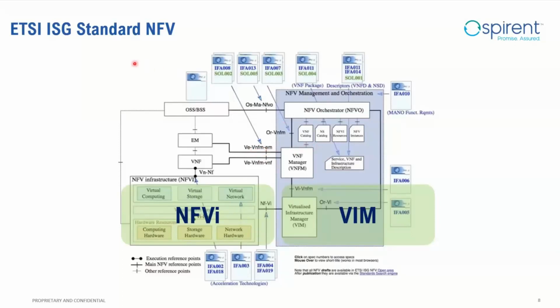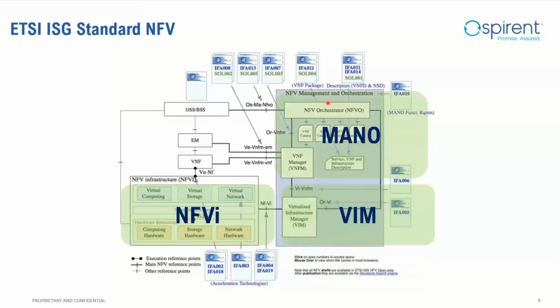You can find more details if you go to the ETSI website and look for the ETSI ISG NFV architecture. You would see this picture, and there's a lot of explanation there of what these SOL standards are meant for. It's all very well explained there. So that defines the interoperability, the SOL standards.